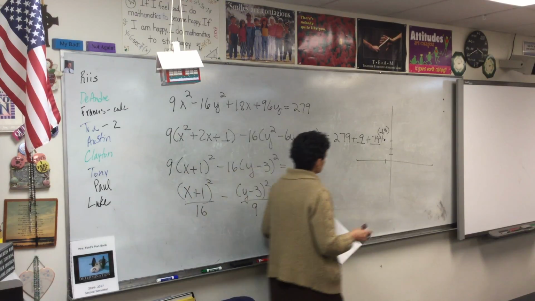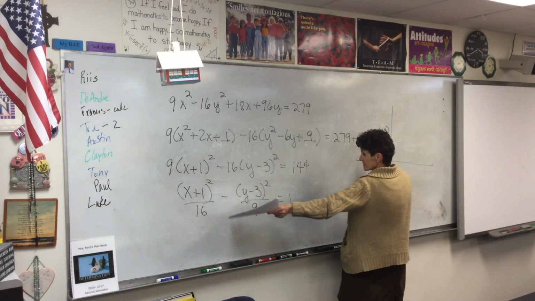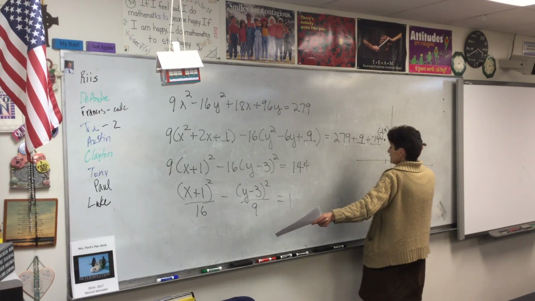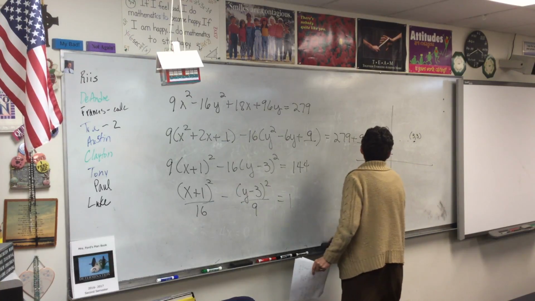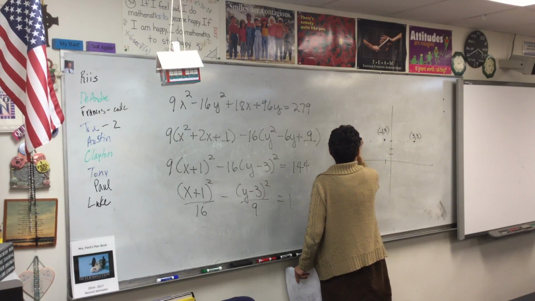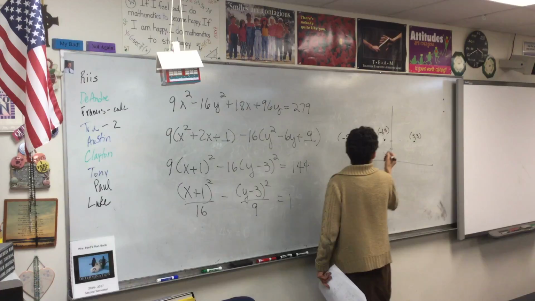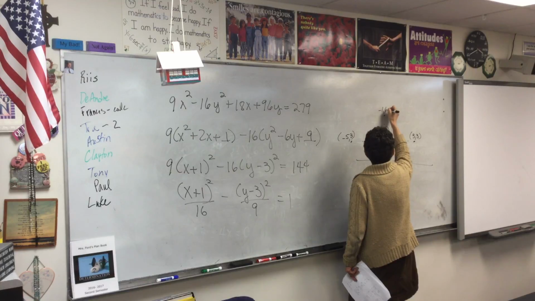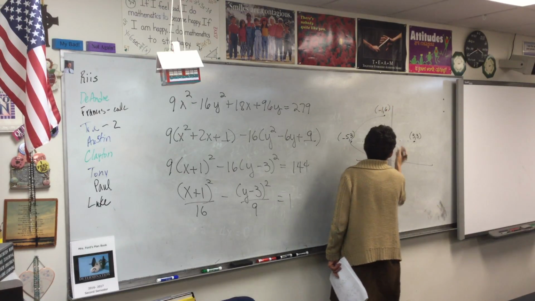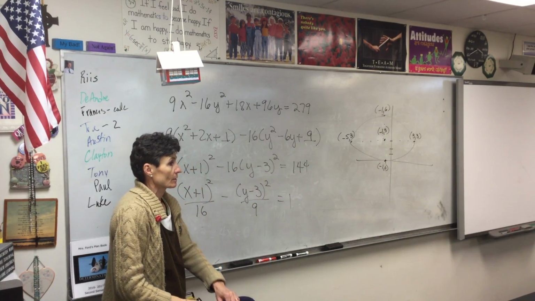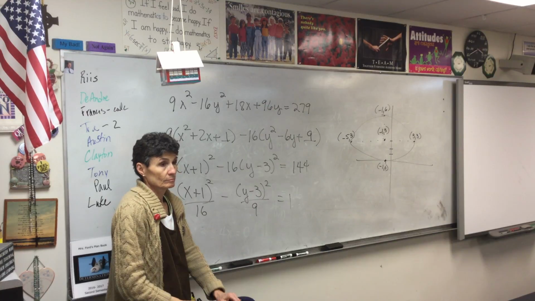All right, let's do our vertices. So let's see, the 16 tells me to count sideways, 1, 2, 3, 4. And then, both ways. And the 9 tells me to count up and down 3. What did I do wrong?